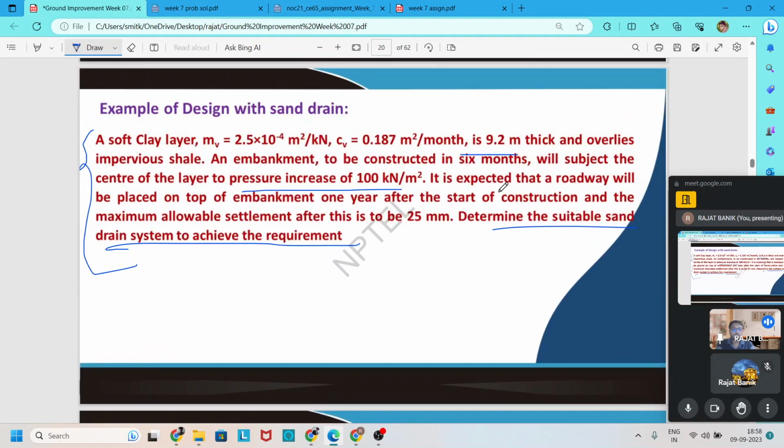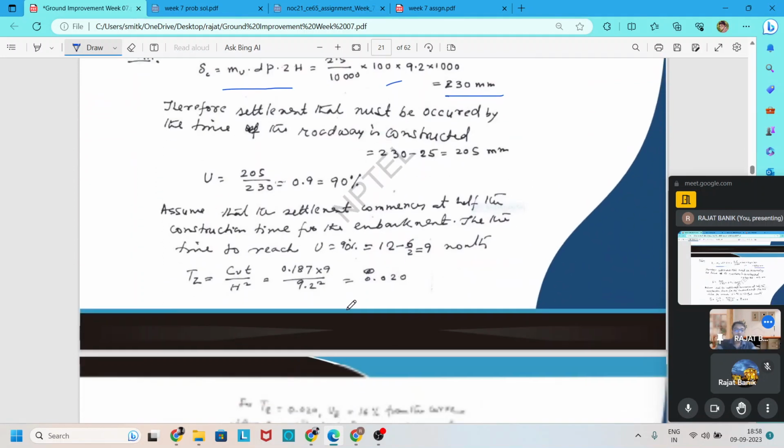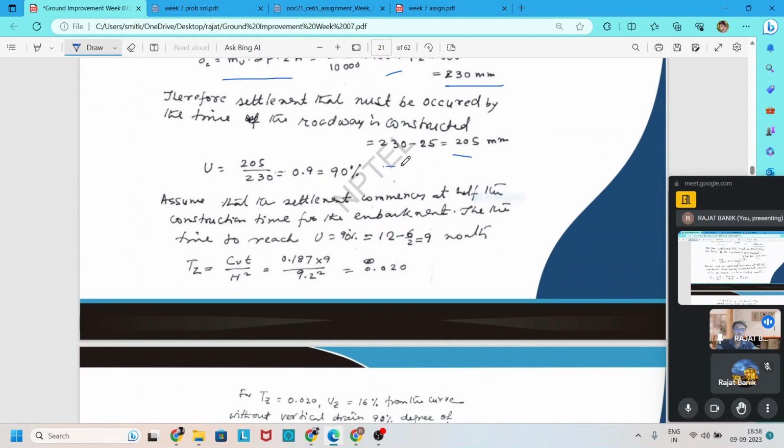But one condition is given, that the maximum allowable settlement should not be greater than 25 mm. That means out of 230 mm, we settle our ground up to 230 minus 25 mm, that is 205 mm.